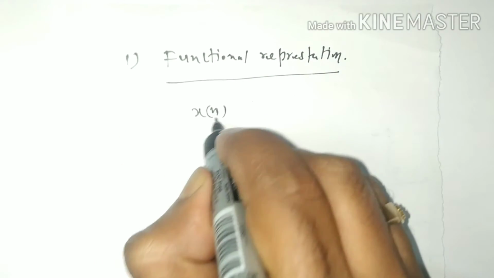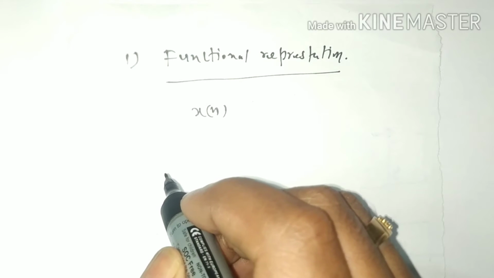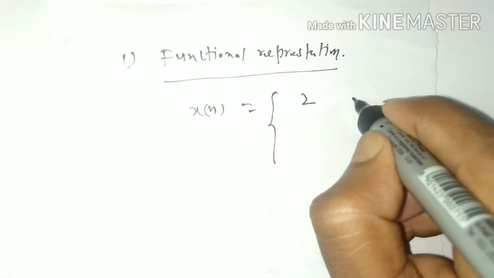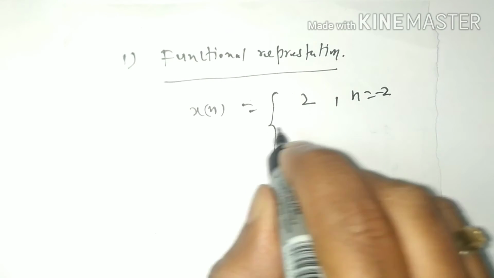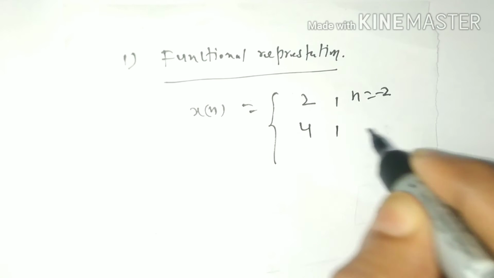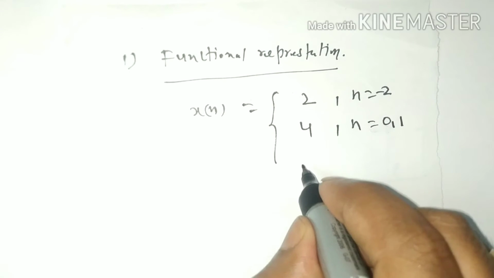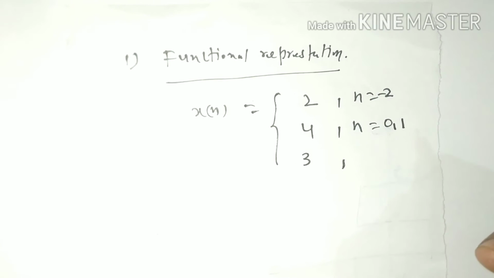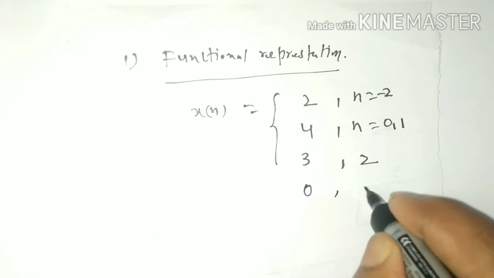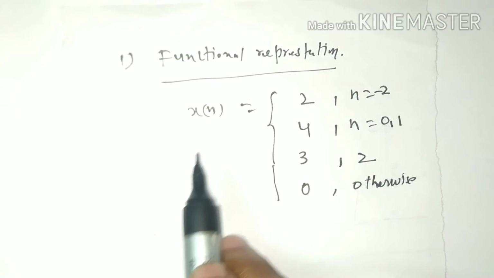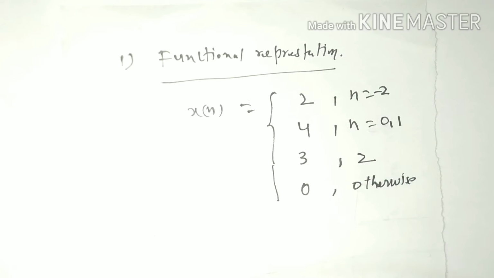If x[n] is a discrete signal and it is represented like this: x[n] equals 2 when n equals minus 2, x[n] equals 4 when n equals 0 and 1, x[n] equals 3 when n equals 2, otherwise it is 0. This type of representation is called functional representation, where x[n] is represented as a function.